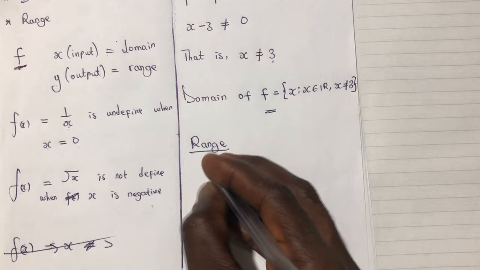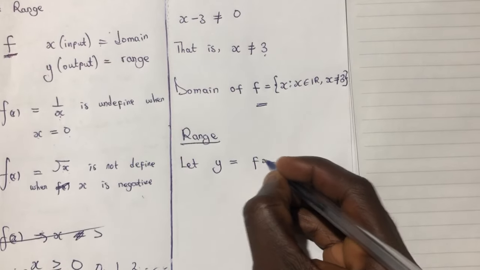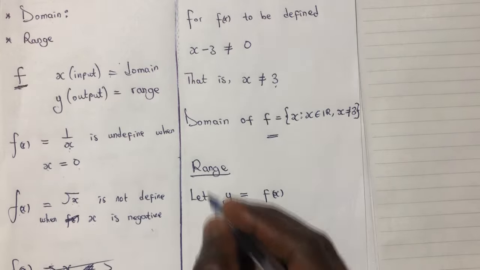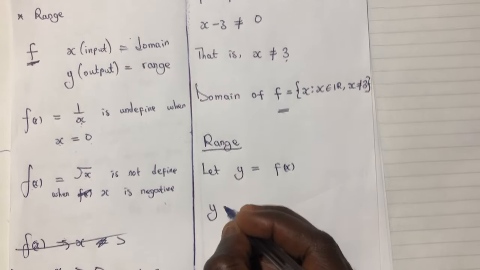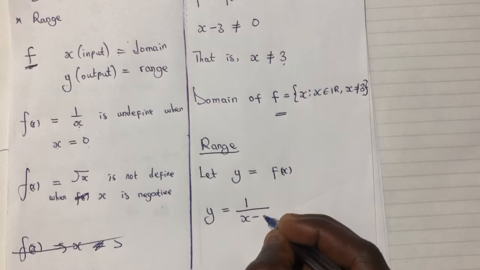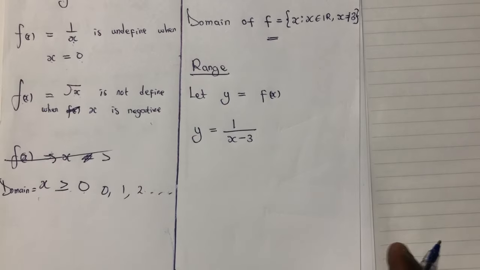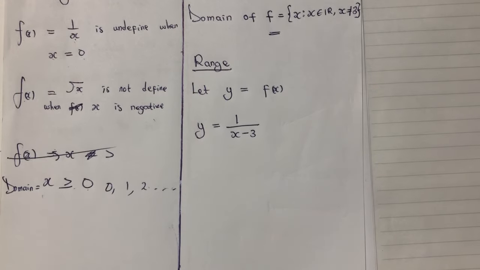So to do that, we say that let y be equal to f of x. So now the f of x equation given to us is 1 out of x minus 3. So you say y equals 1 over x minus 3. The next step, to be able to find the inverse of the equation, we need to cross multiply.